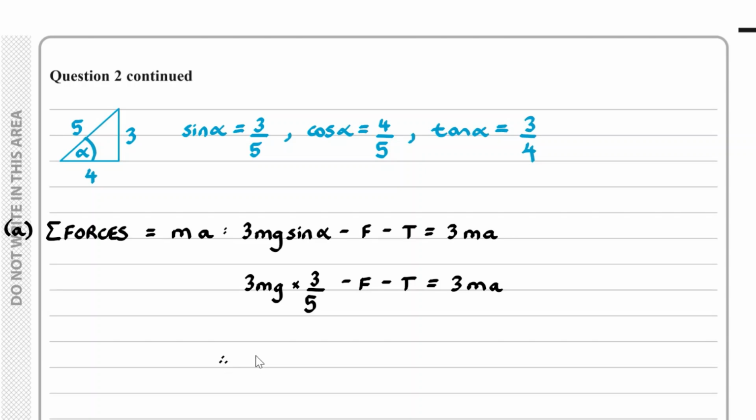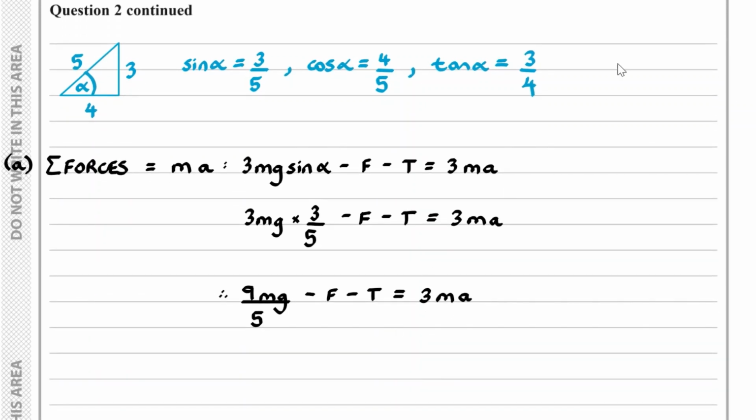And so therefore, we have 9mg over 5 minus F minus T. This is equal to 3ma. So what we have here is the equation of motion of A.